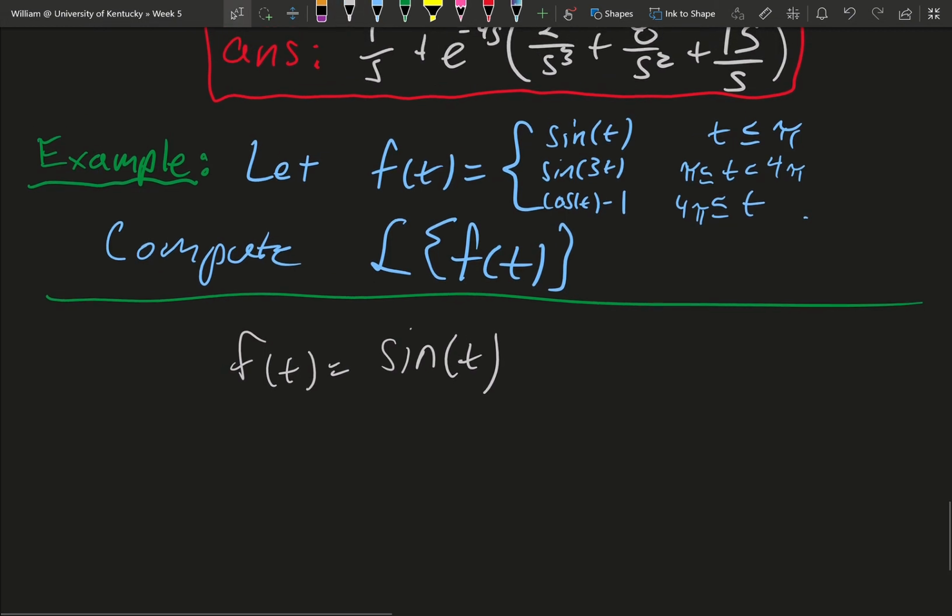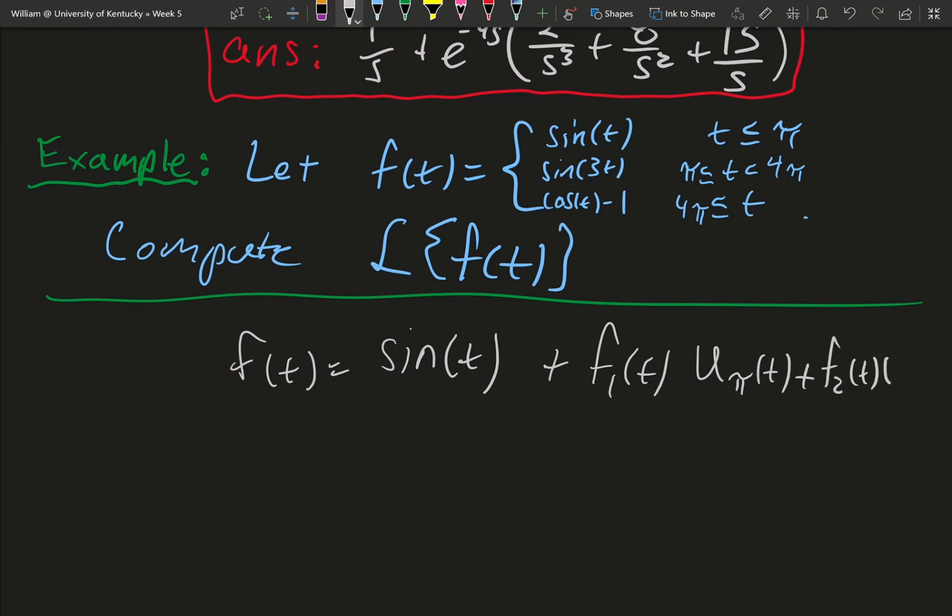And then we're going to have f1 of t, attached to a Heaviside function at pi, plus f2 of t, Heaviside function at 4 pi.